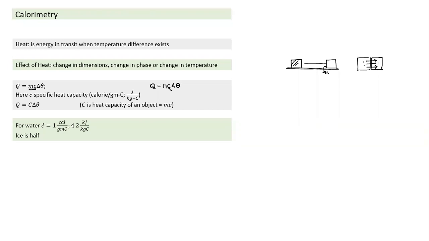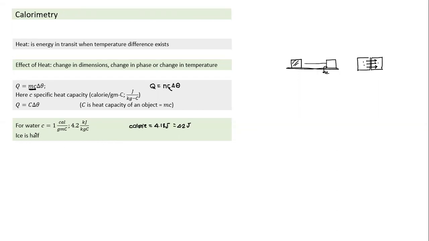If calorie is a unit of energy and joule is also a unit of energy, we can convert one from the other. We should remember that conversion: 1 calorie is equal to 4.18 joules or 4.2 joules. I think most of you remember that. So when we convert, c becomes 4.2 kilojoules per kg per degree centigrade.